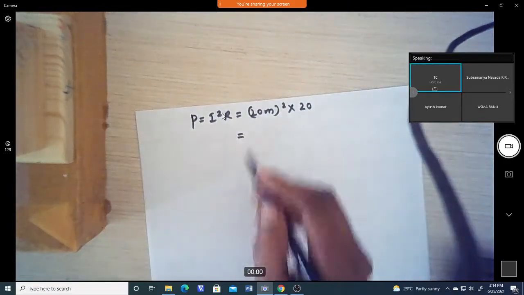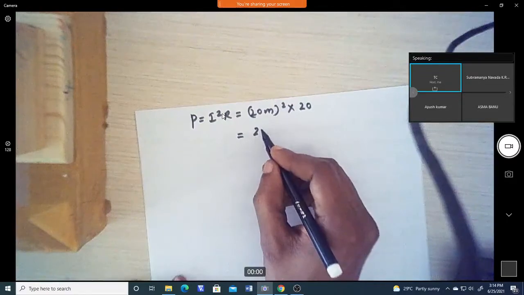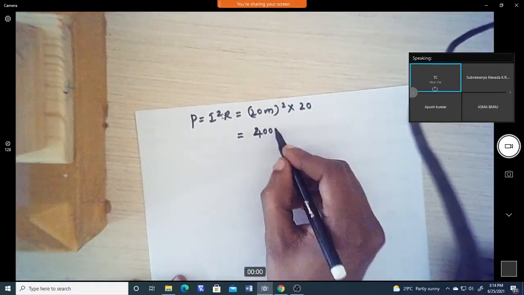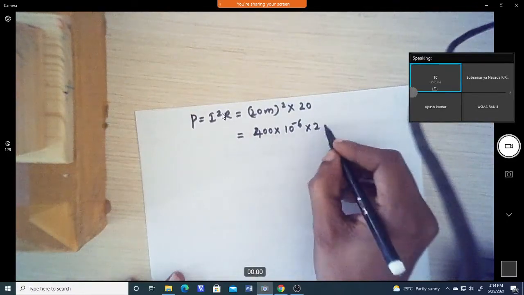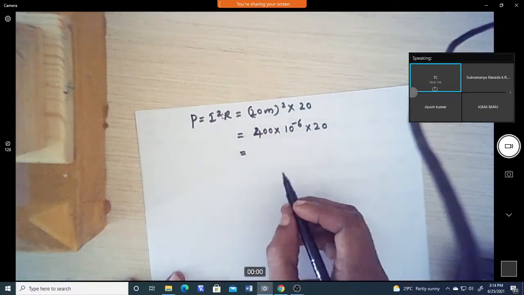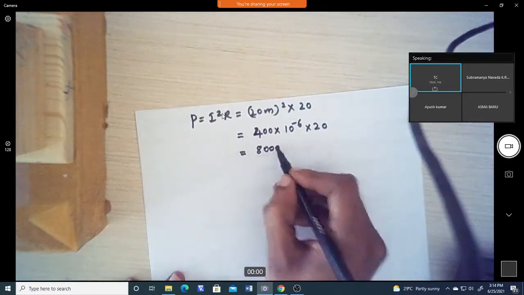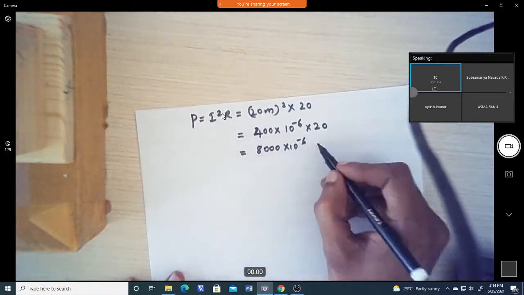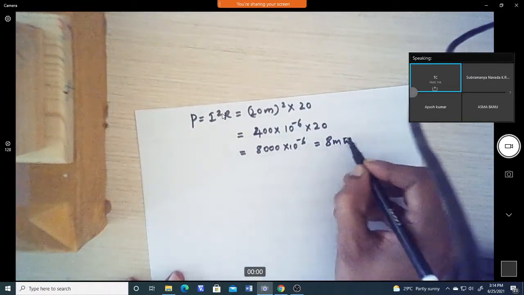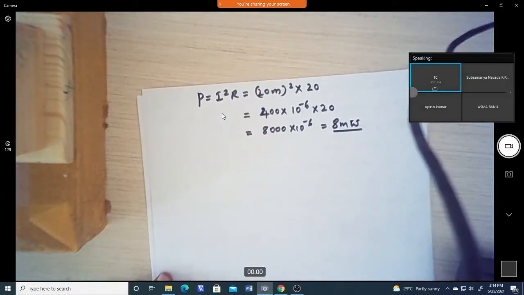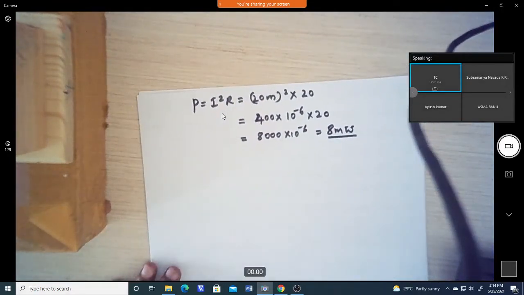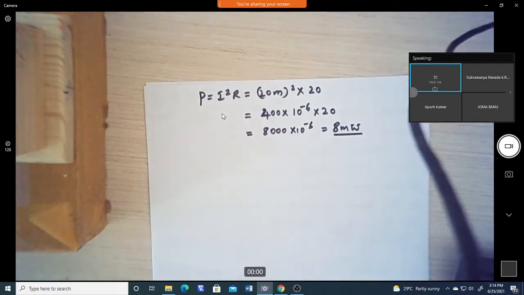So 20 into 20, 400 into 10 power minus 6 into 20, so 8000 into 10 power minus 6, or we can write 8 milliwatt. That is what we will get. Okay, so this is about the problem, how we can find it out. Now we will move to the next concept.